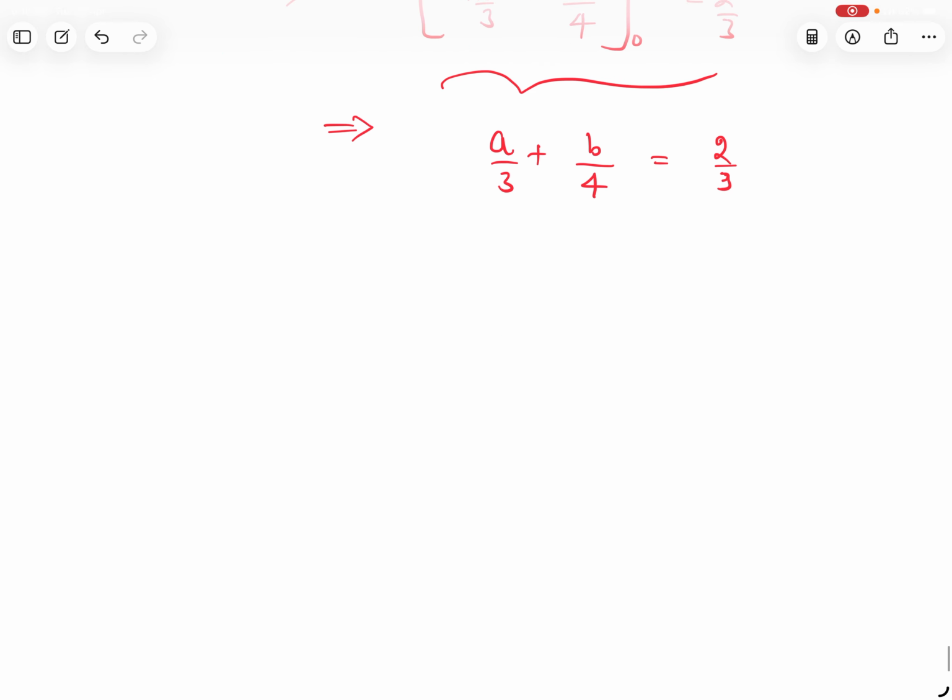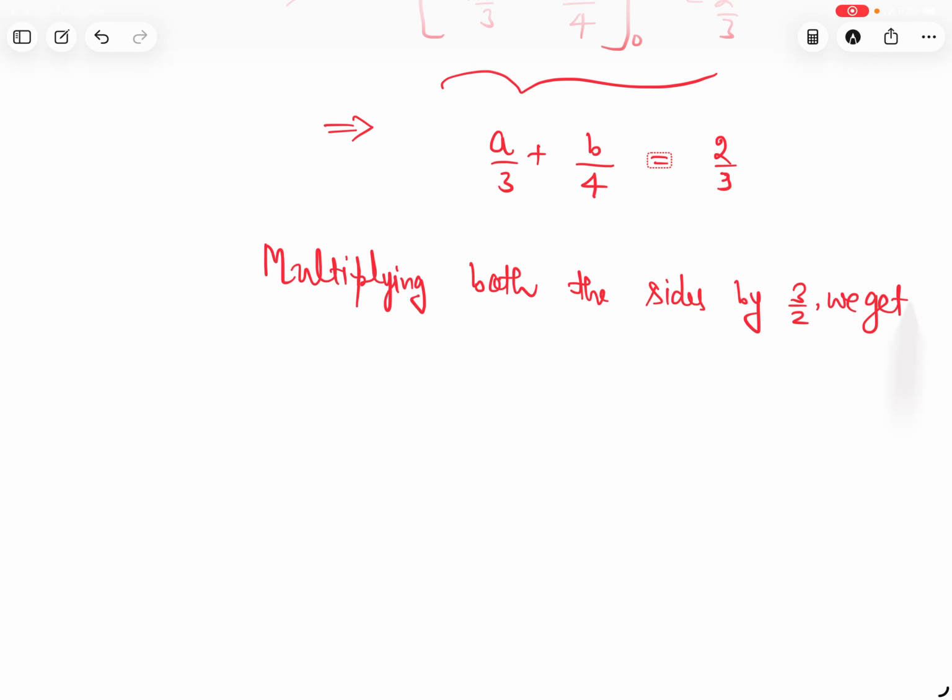Multiplying both sides by 3 by 2, we get a by 2 plus 3b by 8, and this will be 1.